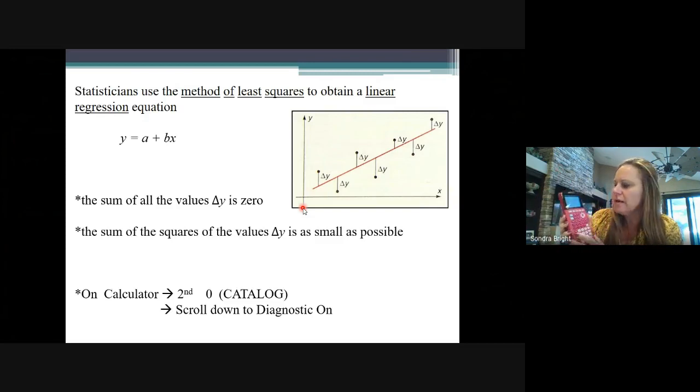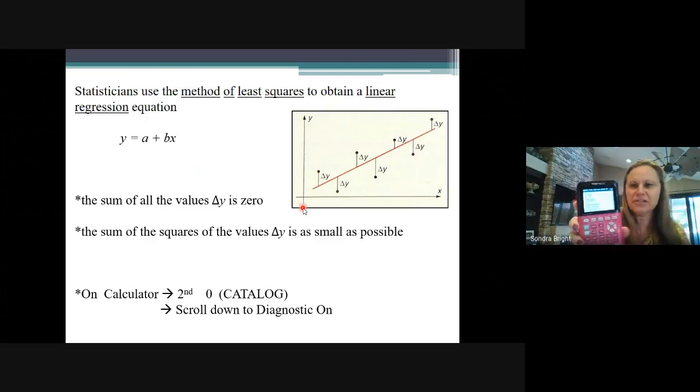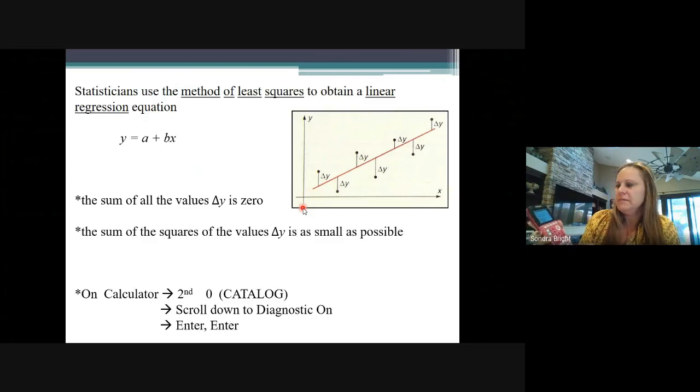Then you'll still need to scroll down to diagnostic on, and make sure the little arrow is pointed to that. Hit enter for diagnostic on, and your screen should look like that. Then hit enter again.